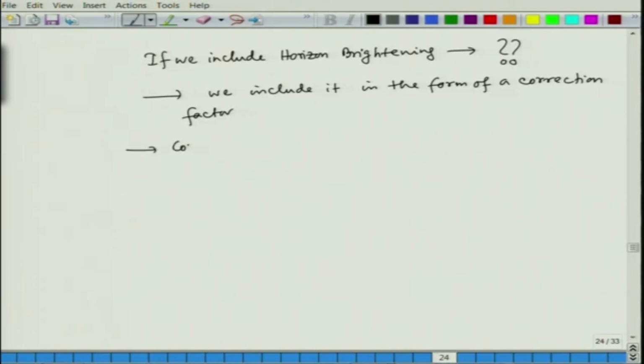And this correction factor we introduce is 1 plus f multiplied by sin cube beta by 2, okay, or sin beta by 2 cubed. So, you can see that this correction factor depends on the beta or the tilt angle.